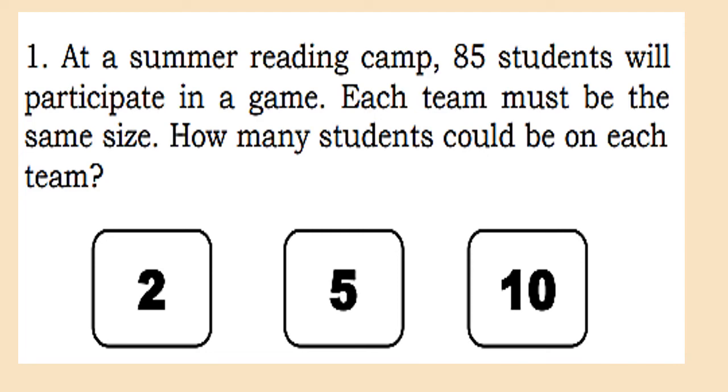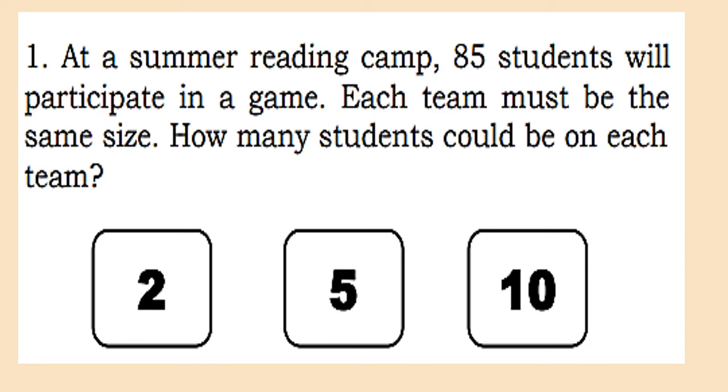At summer reading camp, 85 students will participate in a game. Each team must be the same size. How many students could be on each team? So it means we have to group the 85 students equally.